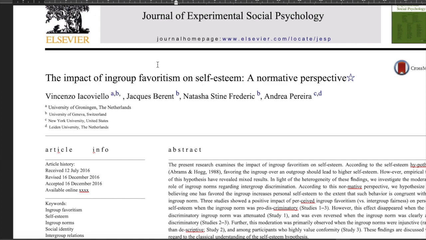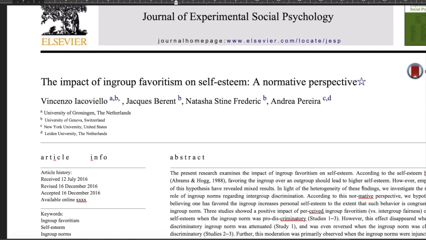If you favor your own in-group relative to an outgroup, that should raise your self-esteem. The logic is that when you favor your in-group, you're saying that your group is better than others. Hence, if you are a member of a better group, then you are a better person. Hence, you would perceive yourself in a higher regard.